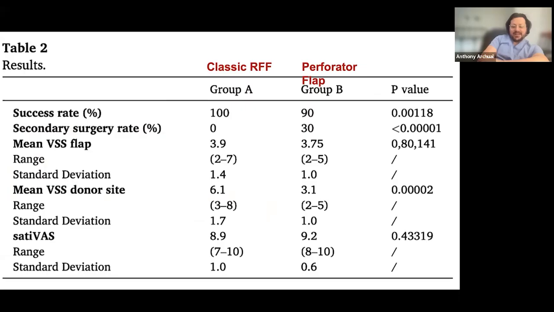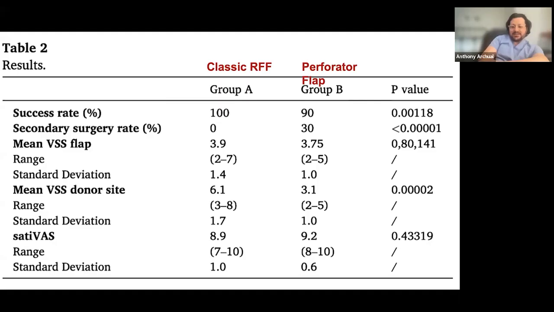A is the classic flap and the perforator is Group B. And so this is a gap in the literature. There's really not studies comparing these two. They did very pragmatic outcome measures, mostly the patient's satisfaction with the appearance and the appearance based on a scoring system. But really, patients in both groups did well.